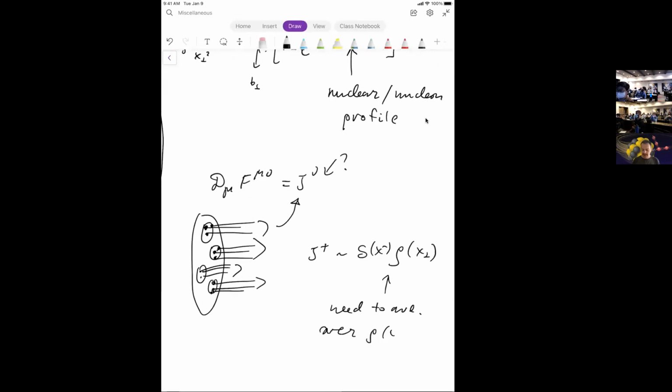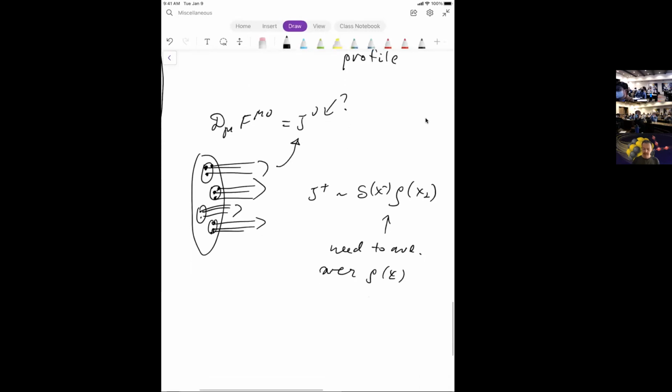In other words, you solve your Yang-Mills equations, you get your transverse field A sub I, which is a function of position, but it also knows about the source distribution rho, and then you do this A_i correlator, and you have to integrate over all rho.